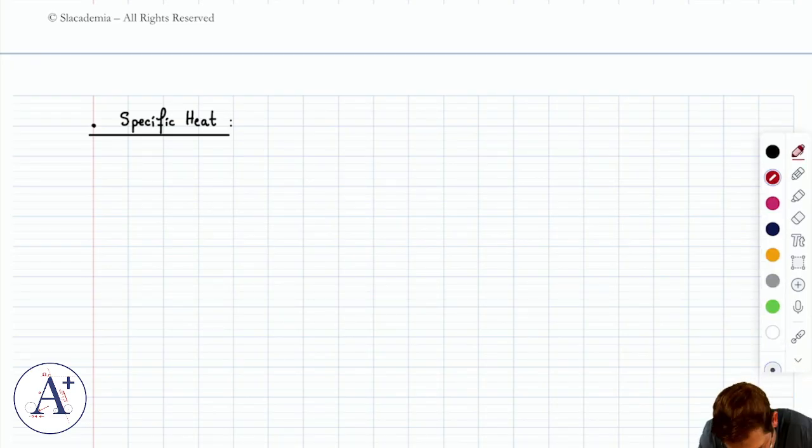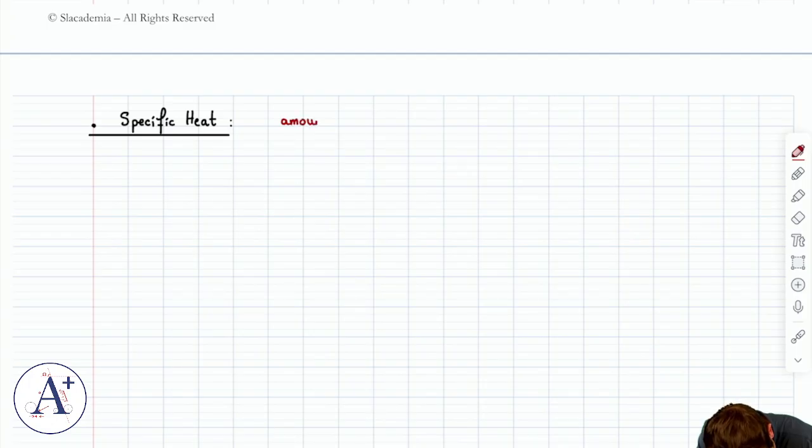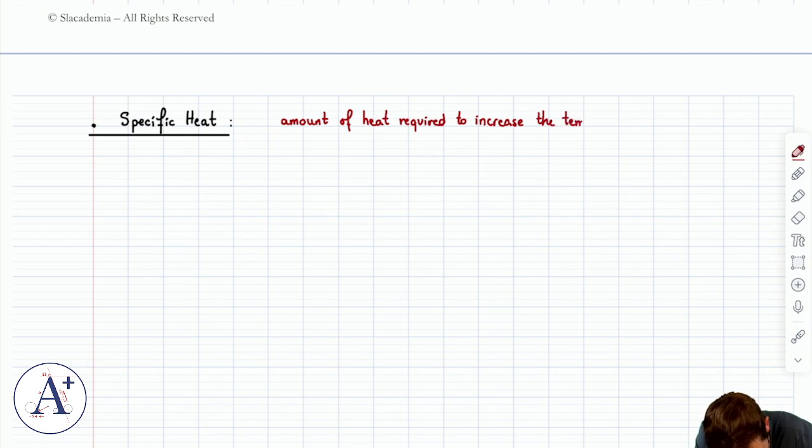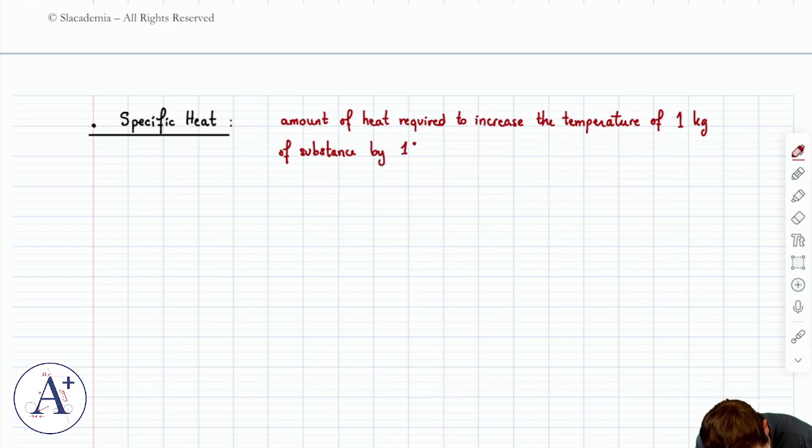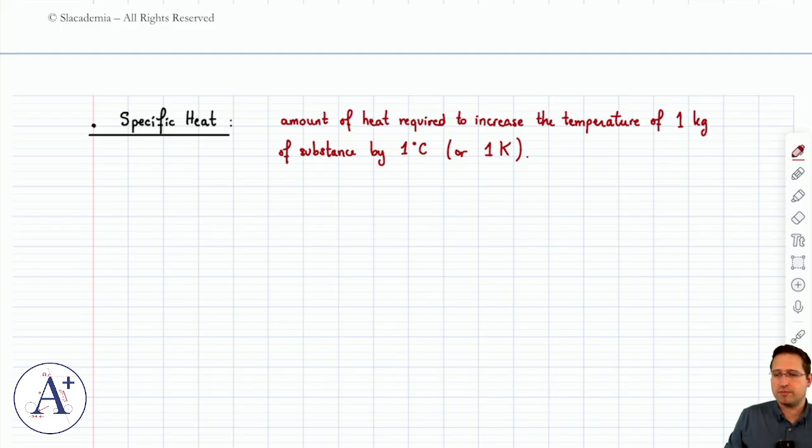Specific heat is the amount of heat required to increase the temperature of 1 kilogram of substance by 1 degree Celsius, or for that matter 1 degree Kelvin, because the temperature change of 1 Celsius is also a temperature change of 1 Kelvin.